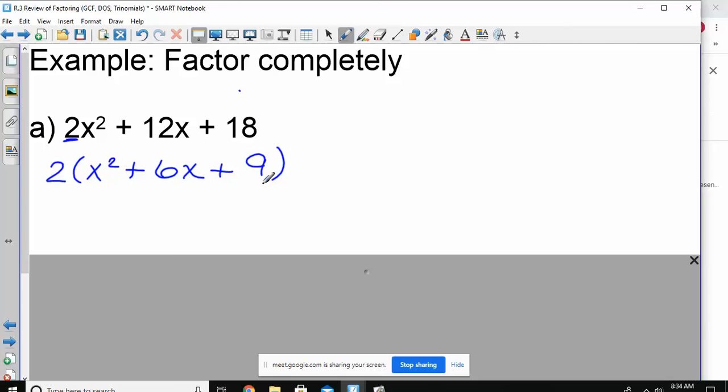Am I done? No, because now I can do box method with that. So x squared breaks into x and x. Two numbers that multiply to 9 and add to 6.